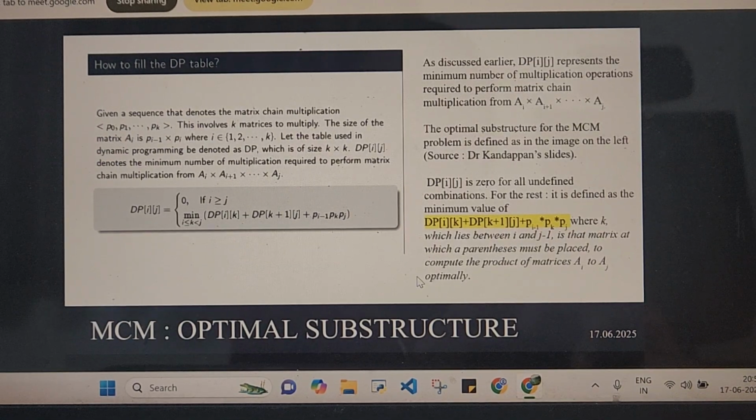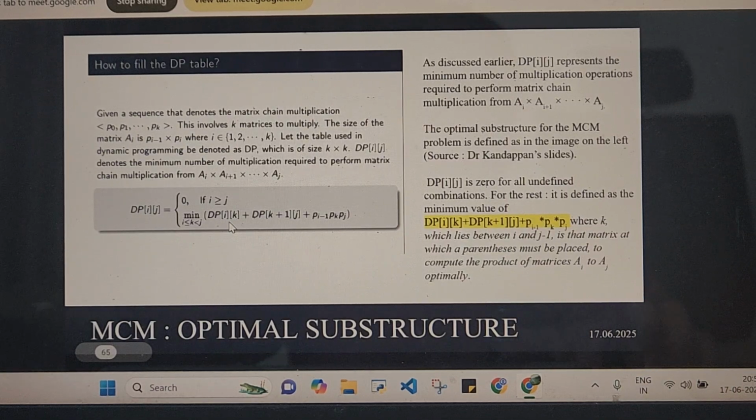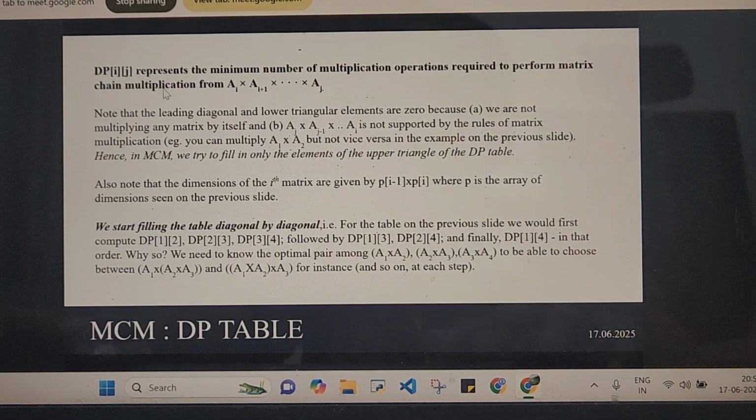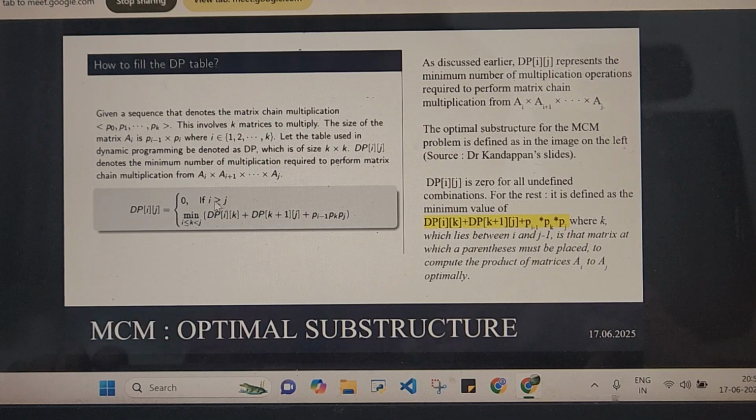Okay, now the only thing which I have to clarify with regards to the optimal substructure is why this formula. So now, keeping in mind the definition of dP[i][j], which is the minimum number of multiplications required to perform AI cross AI plus 1 cross and so on up to AJ, this becomes very simple to understand.